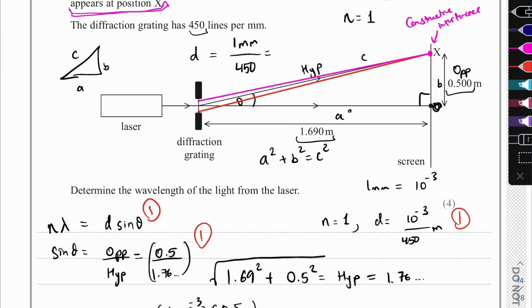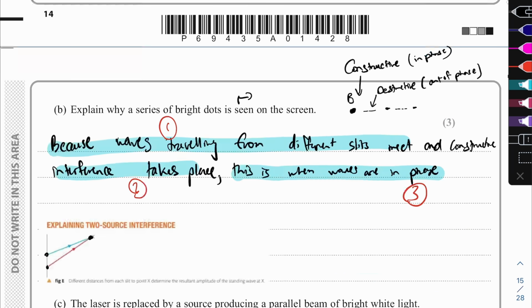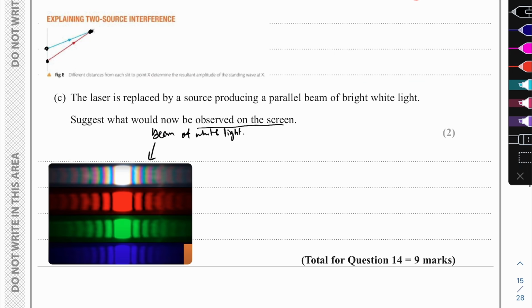In this case, because we don't have monochromatic light anymore, we have a bright white light, we can say that we see a bright white dot at O, which is our new O.